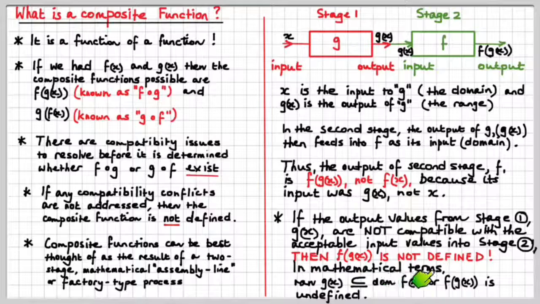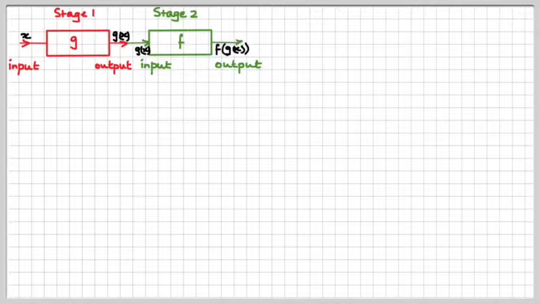In mathematical terms, ladies and gentlemen, we say that the range of g of x has to be wholly contained within the domain of f, or if that's not the case, then f of g of x is not defined or is undefined, okay? That's it in a nutshell. That is the compatibility thing which we have to deal with in the middle. This range of g has to be wholly contained within the implied domain of f. Otherwise, all bets are off. It's no good.